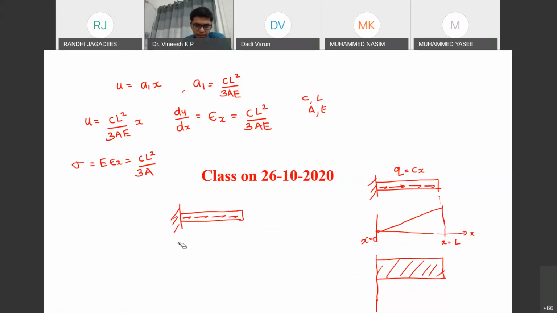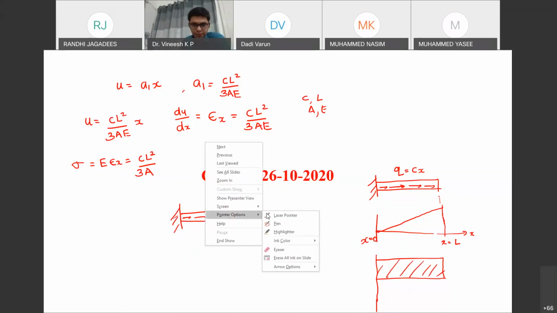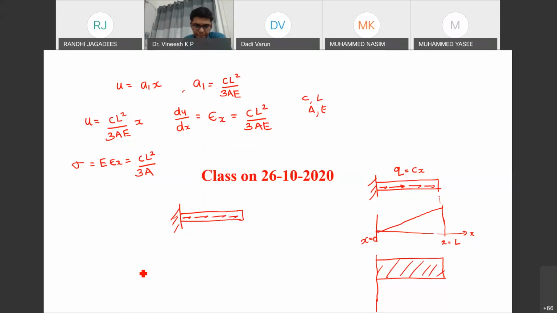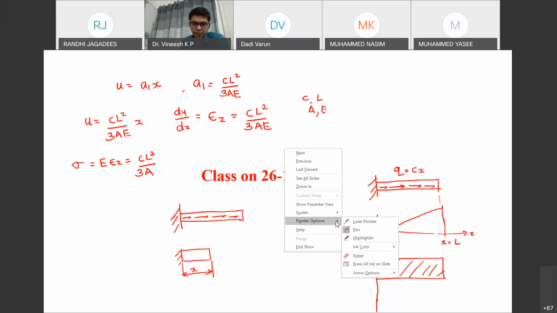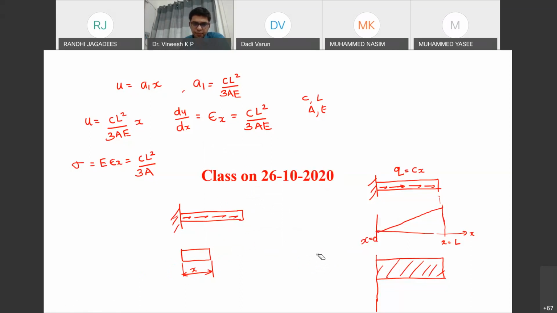If I take a section X at a distance X from the origin, and draw a free body diagram, you will have some force here, and that will be balanced by this distributed force.